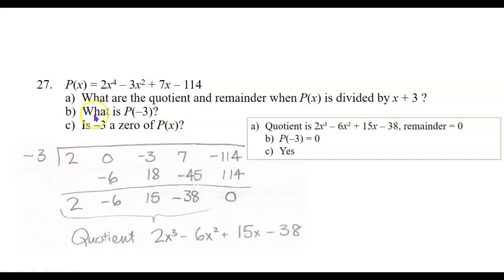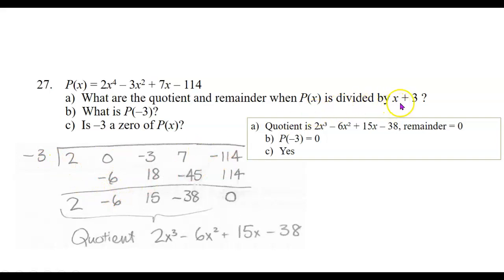So to set things up for the synthetic division, we put the coefficients of this polynomial here, 2, and then notice there is no x to the 3rd power term, so there's a 0 here for the 0x cubed. Then there's a -3 for the x squared, a +7 for the x, and a -114 for the constant term.